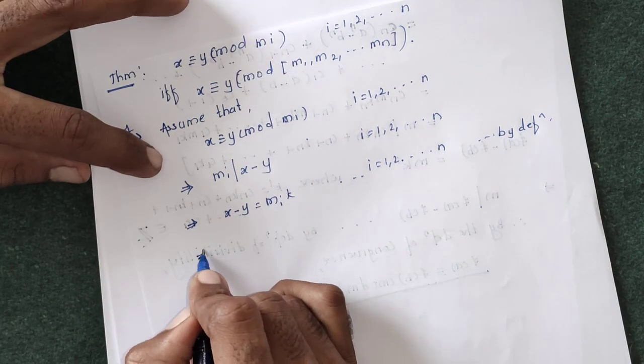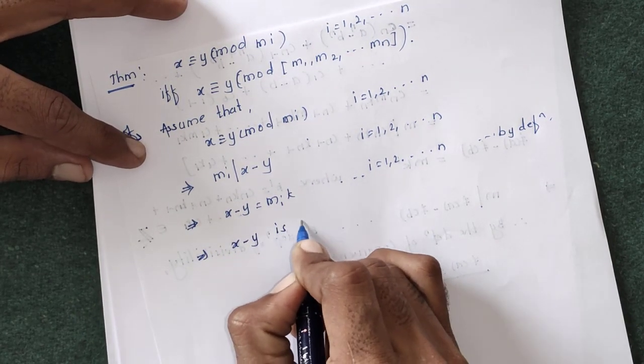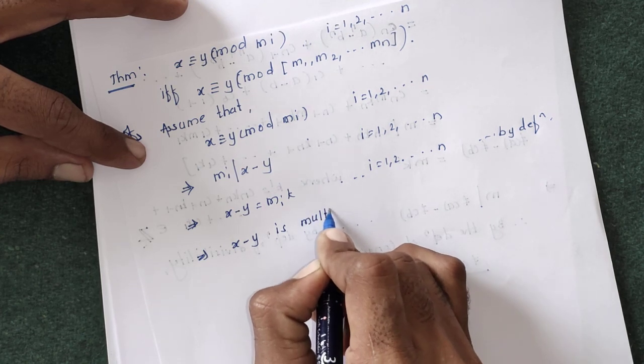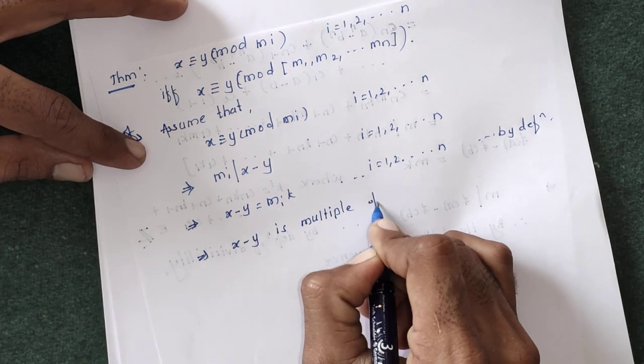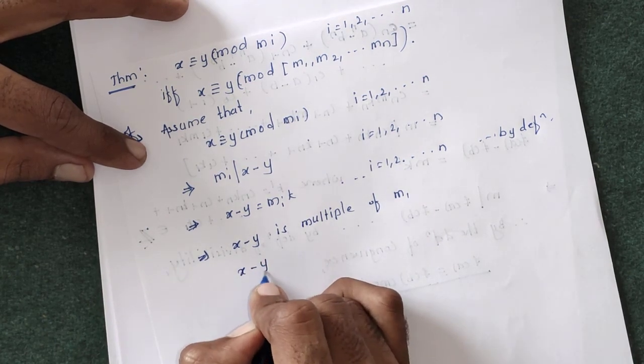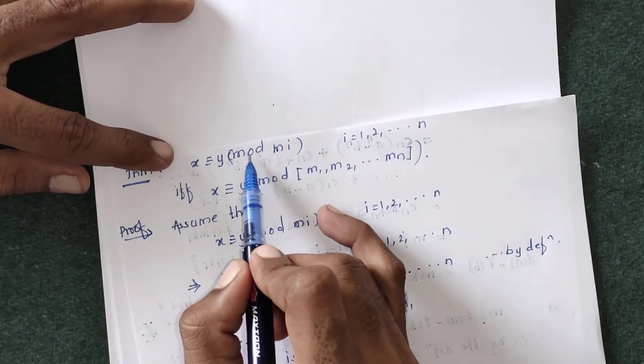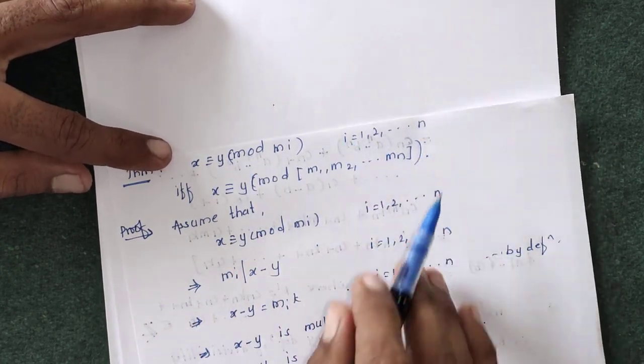So x minus y is a multiple of m1, also x minus y is a multiple of m2, so x is congruent to y modulo mi for each i running from 1 to n.